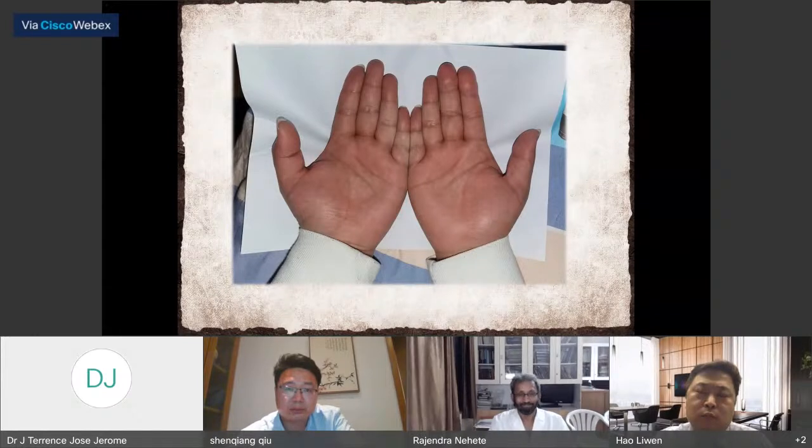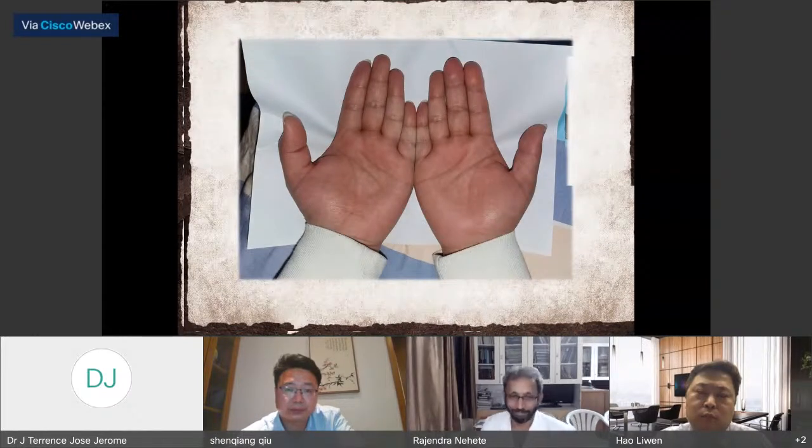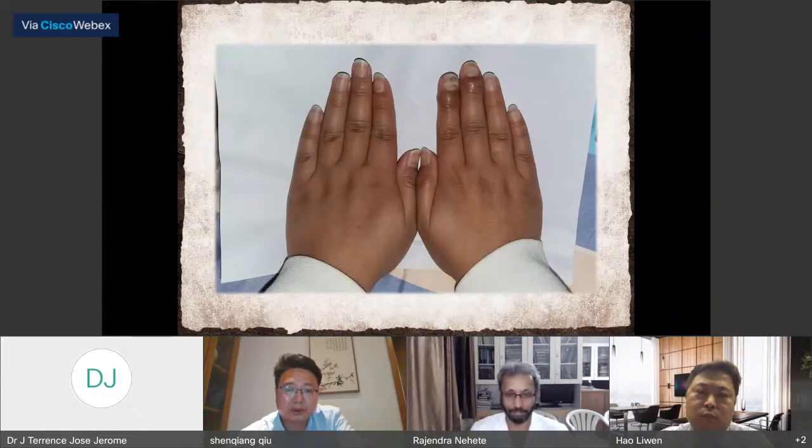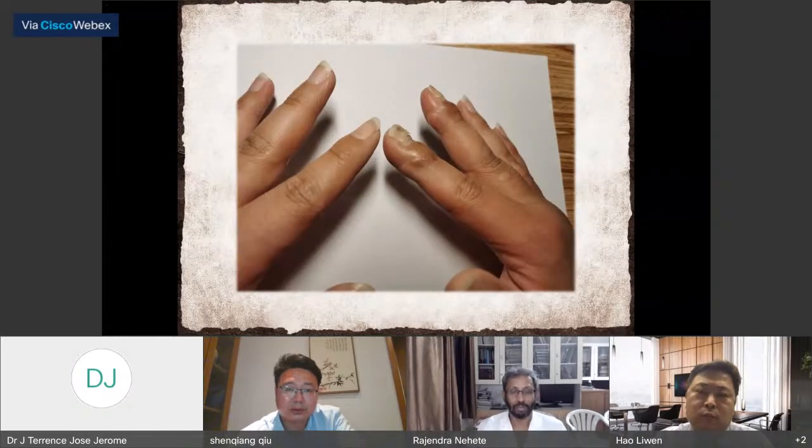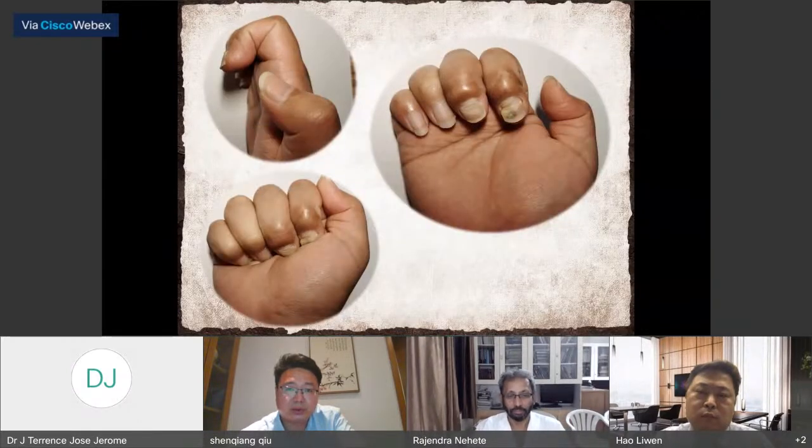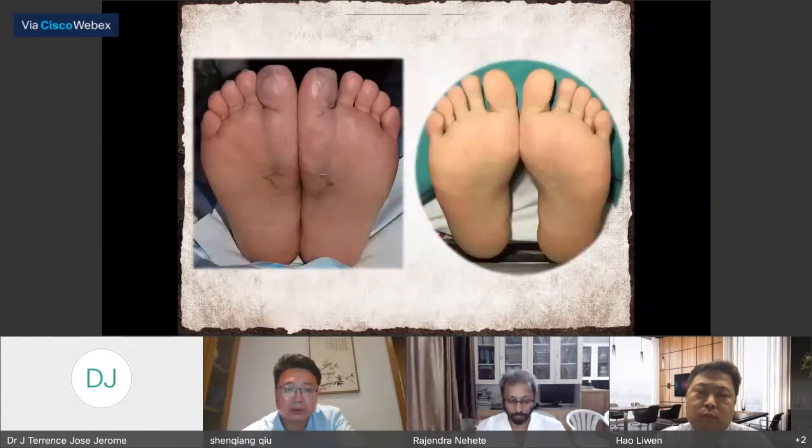The finger looks the same on both sides. Dorsal side, lateral side. Of course, function is good. Shape of feet is almost the same as pre-operation.